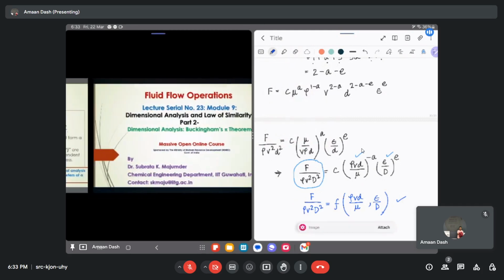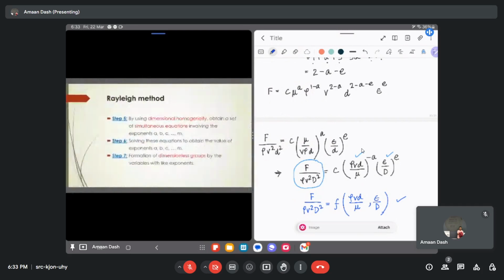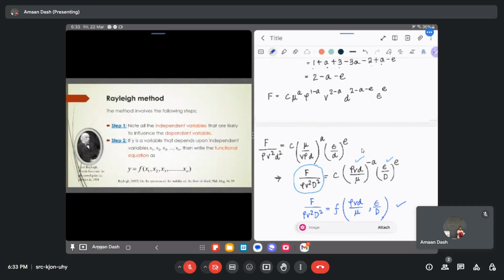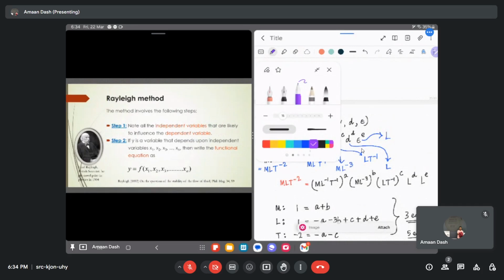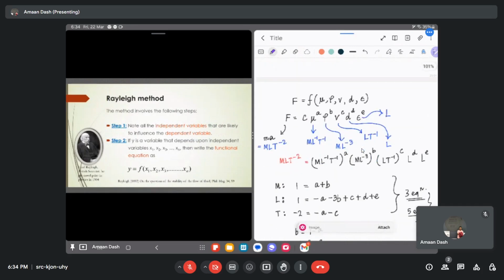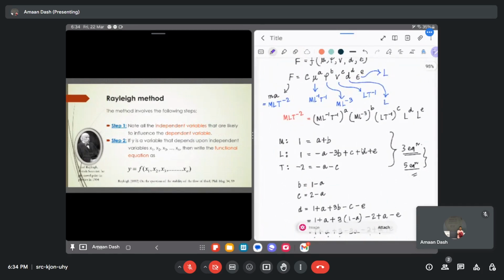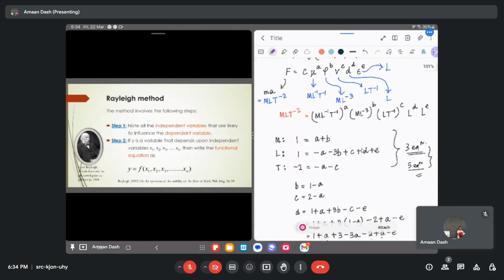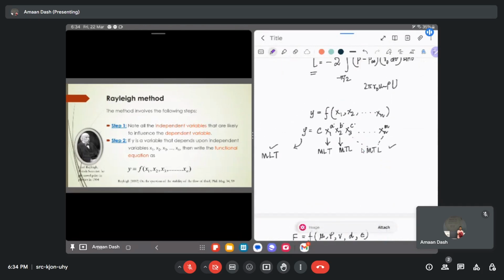Okay, now let us see the next method, which is nothing but Buckingham's pi method. So this one, if you remember, is the Rayleigh method.